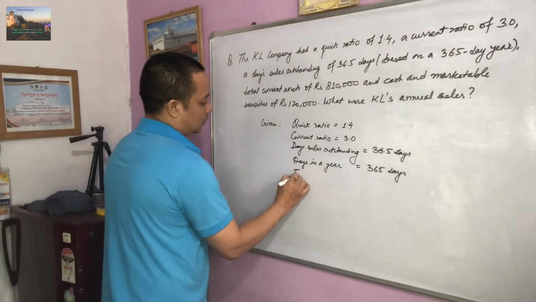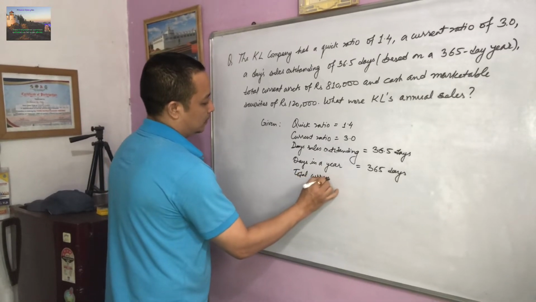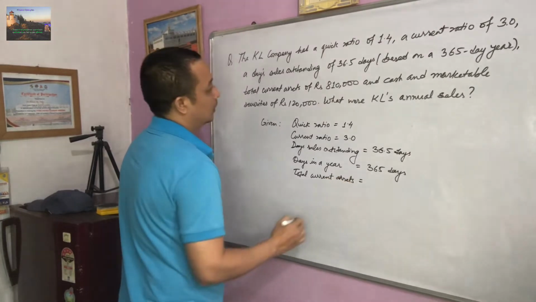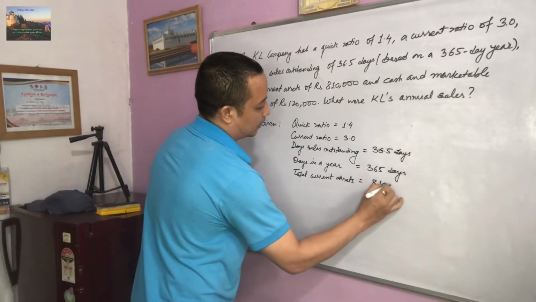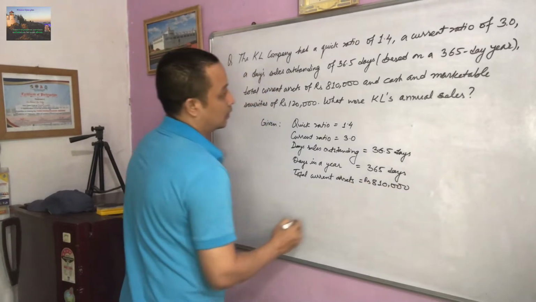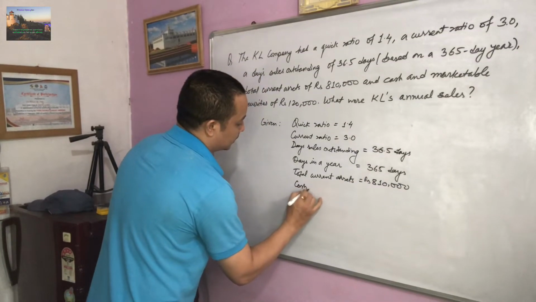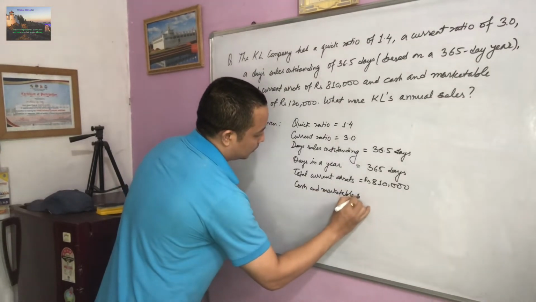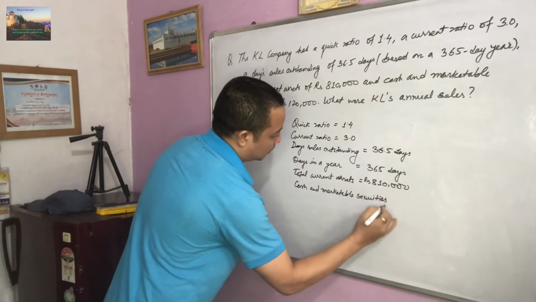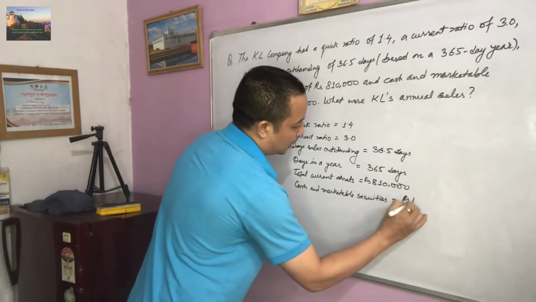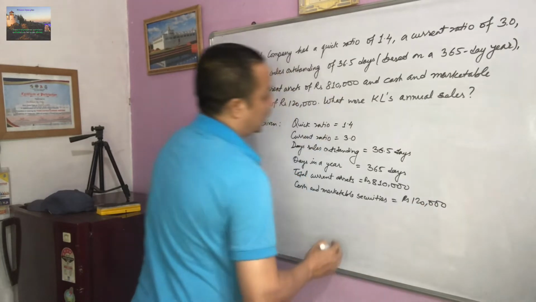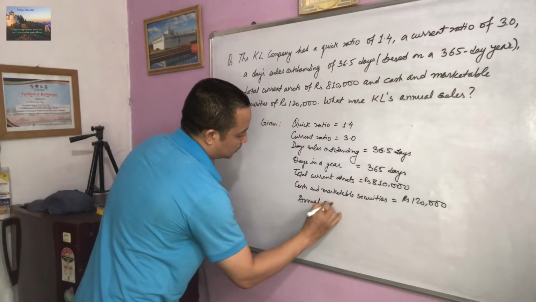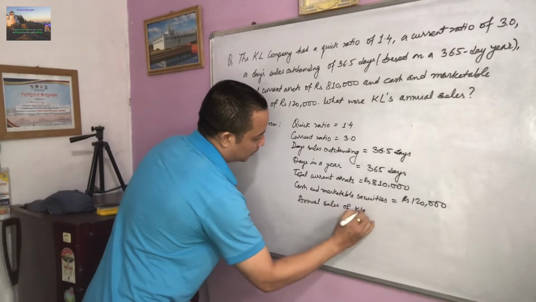Current asset, total current assets 8,10,000, cash and marketable securities rupees 1,20,000, and you are asked annual sales of KL company.